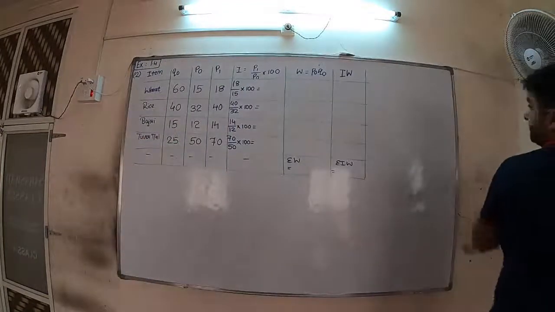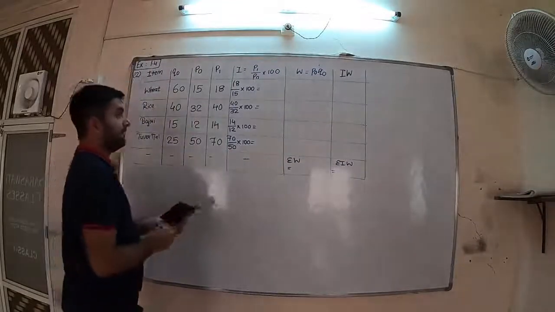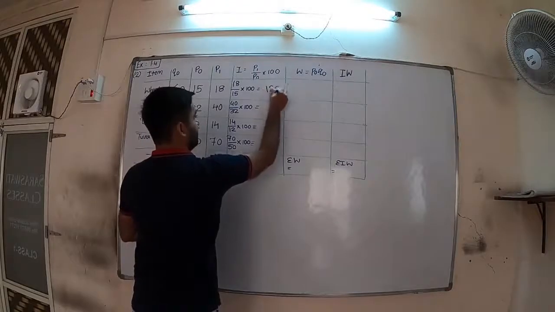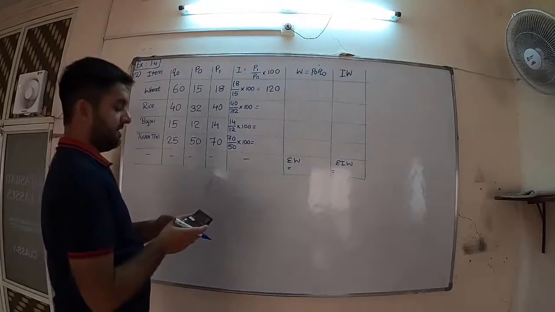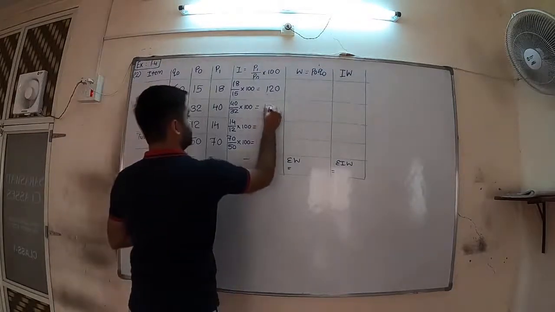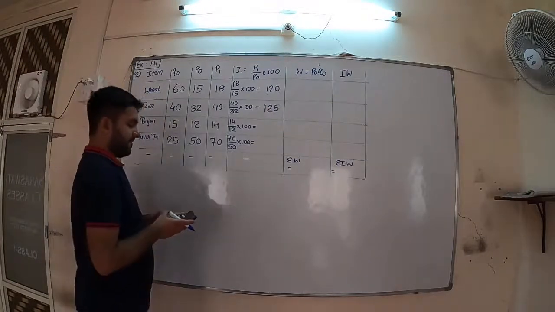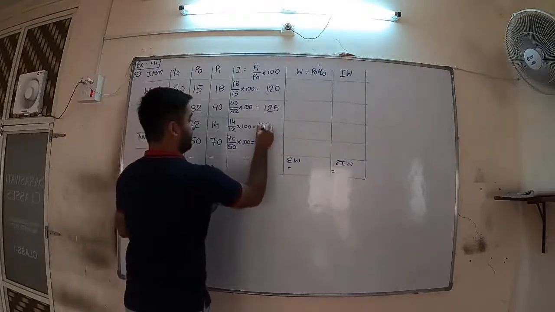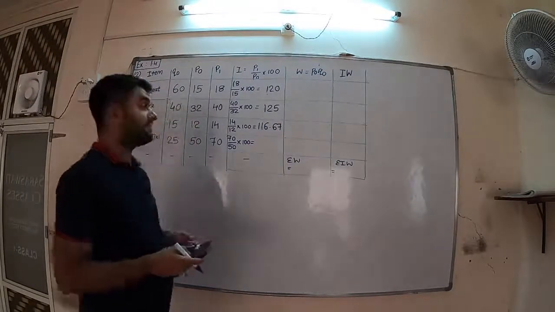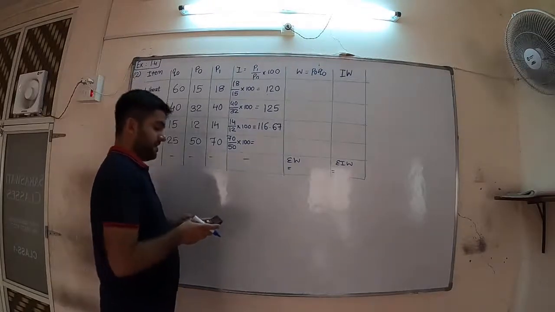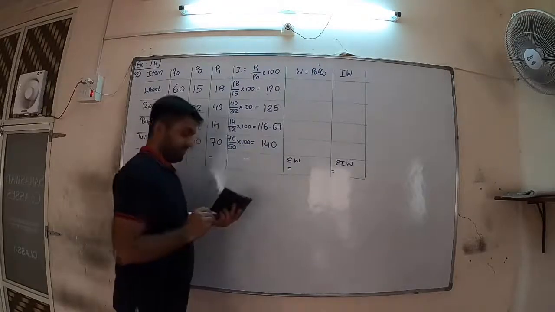Okay. 18 divided by 15 multiply 100 is 120. 40 divided by 32 multiply 100 is 125. 14 divided by 12 multiply 100 is 116.67, 666 we had. 70 divided by 50 multiply 100 is 140.